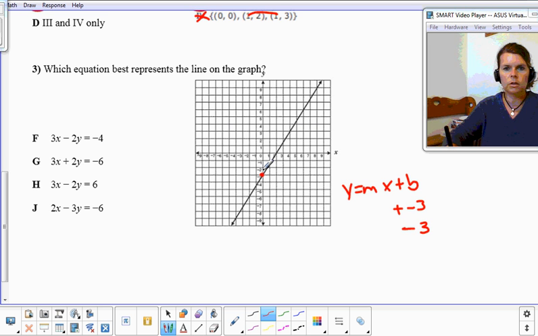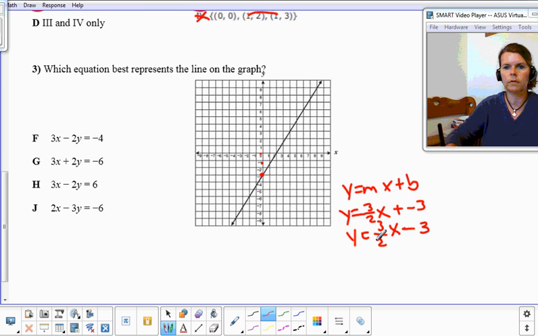Okay, our slope is 1, 2, 3, 3 over our run is 2, x minus 3, mx plus b. Or y equals 3/2 x plus negative 3.